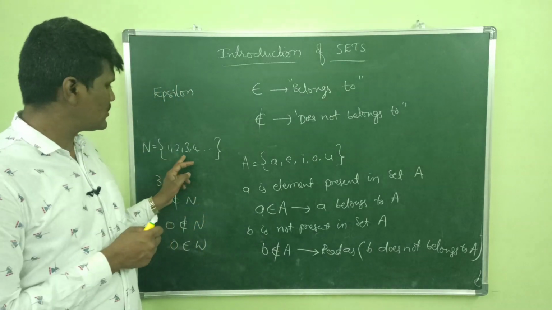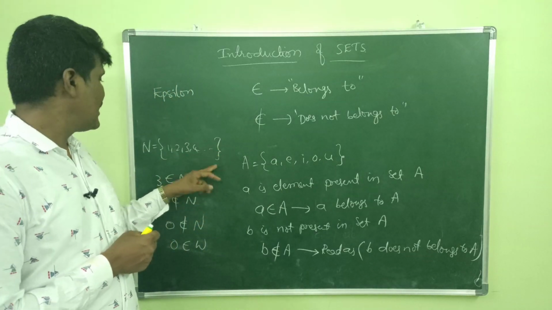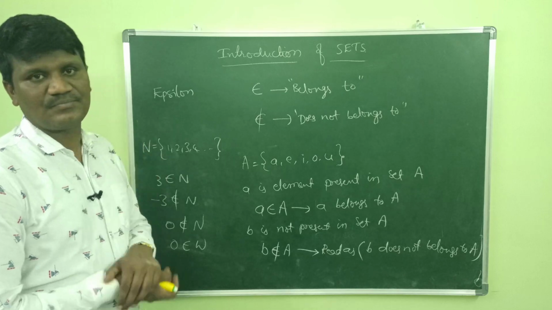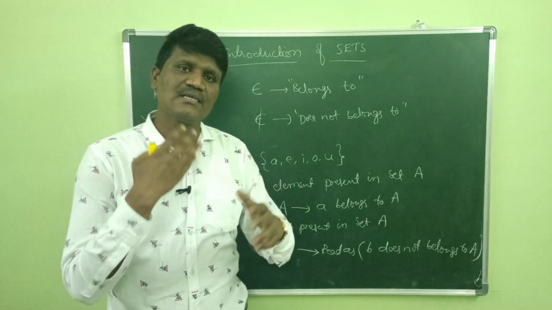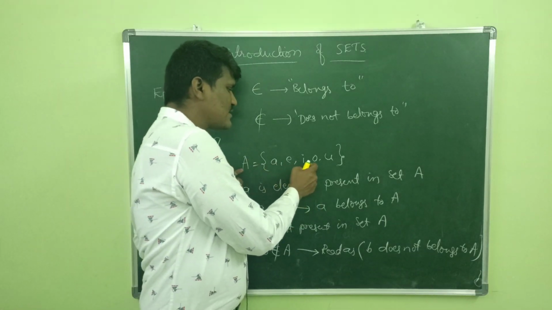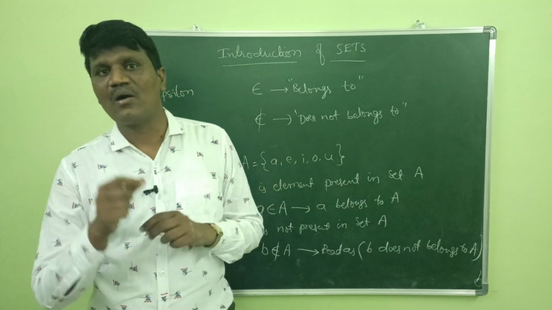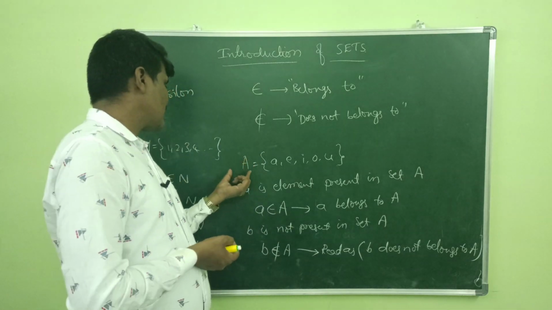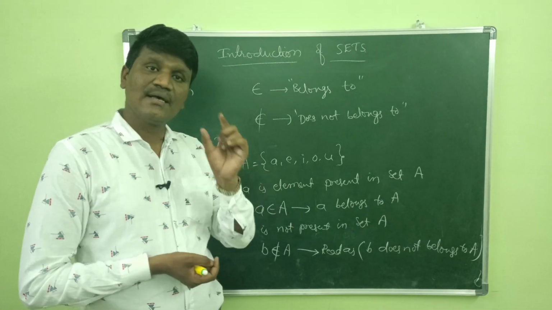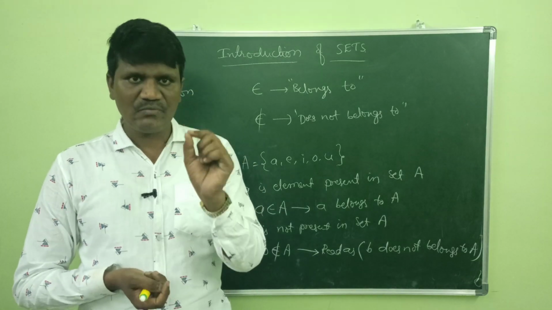Here if you observe 1, 2, 3, 4 and so on, all are called elements of capital N, the set of natural numbers. And next, every element in the set is separated by a comma, and we denote the name of the set with capital letters.